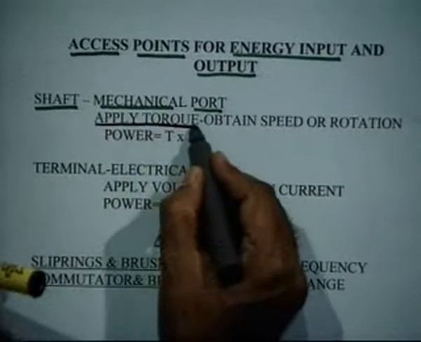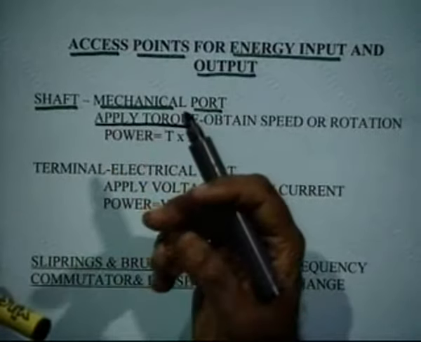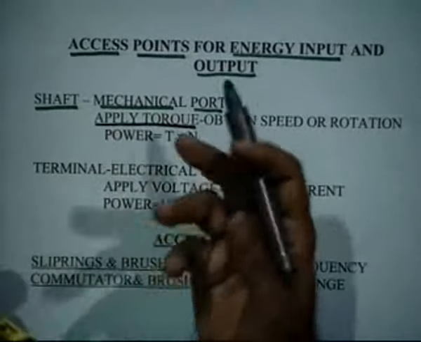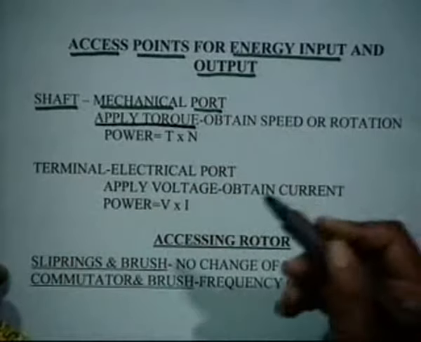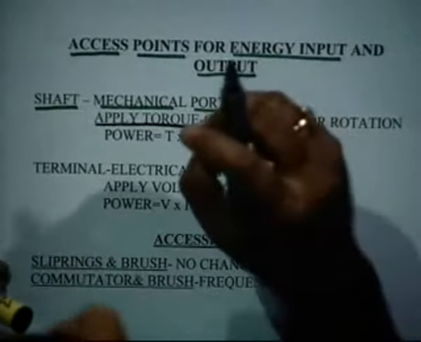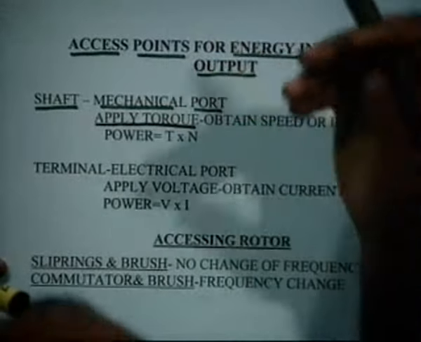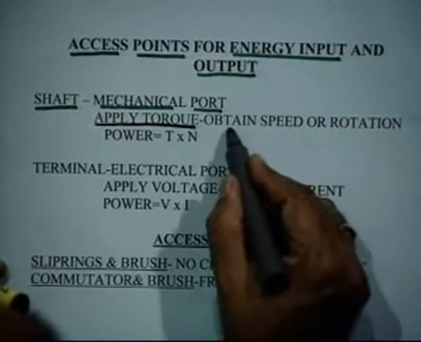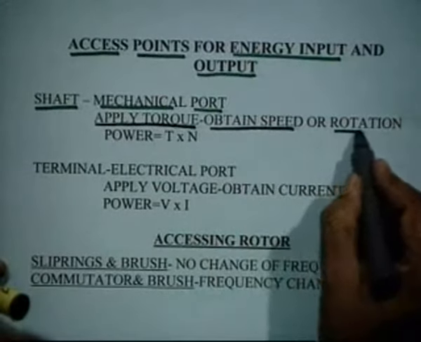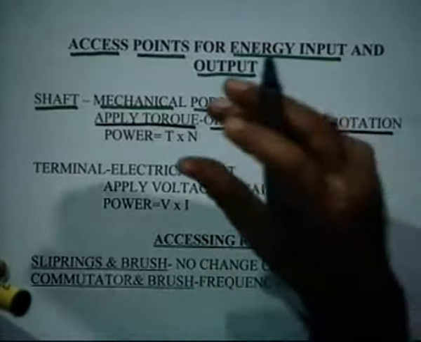You generally apply a torque to the shaft, and what happens when you apply a torque? It will start moving, it will start rotation. So the torque is an independent variable, whereas the speed is a dependent variable or a displacement. So you obtain the speed or you obtain rotation, right? This is what you do from the shaft.